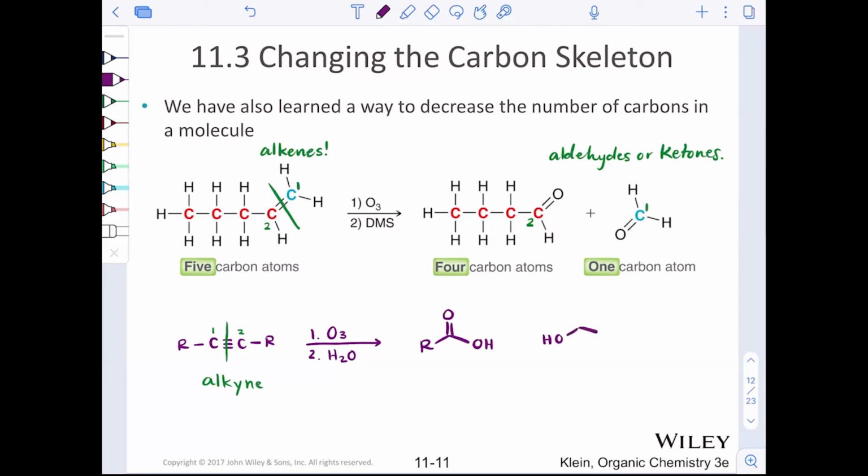I'm going to try to draw them similar to how I originally drew them. If the R group is a hydrogen, then we make CO2, carbon dioxide gas, which bubbles out of solution. All right.